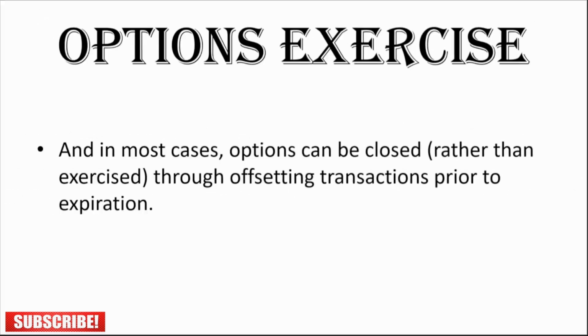And in most cases, options can be closed rather than exercised through an offsetting transaction prior to expiration. Traders are not interested in exercising an option, but rather closing it for a gain by capitalizing on the difference between the option's entry and exit prices.